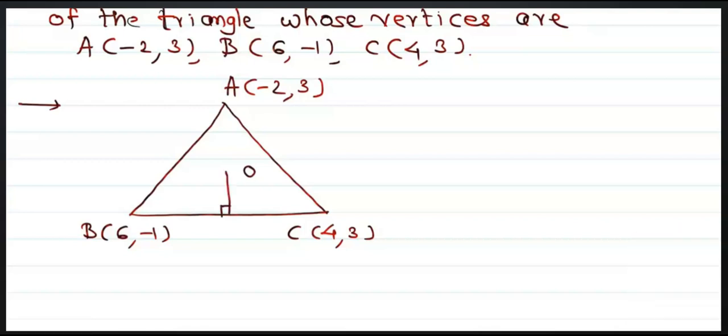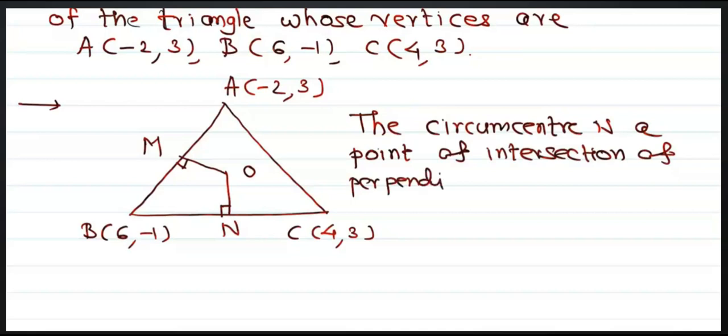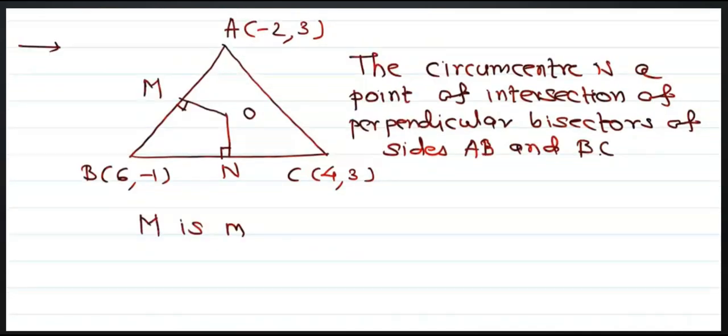Now see this here. The circumcenter is the point of intersection of the perpendicular bisectors of the sides AB and BC.